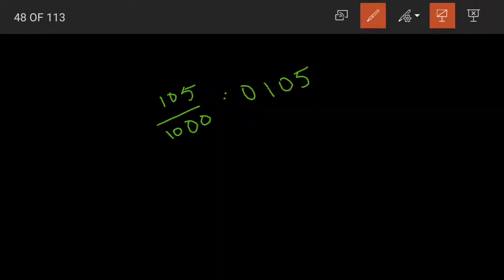So 105 is now written as 0105. Now coming to the denominator 1000, it has 3 zeros. So after 3 digits from the right we'll place a decimal point. So 0.105 becomes our decimal number, the fraction converted into a decimal number.